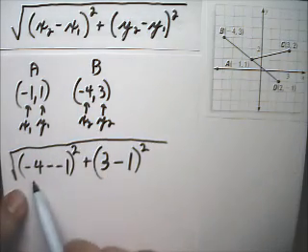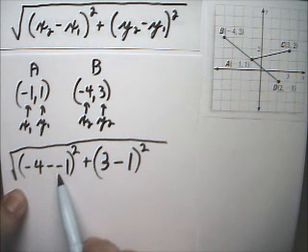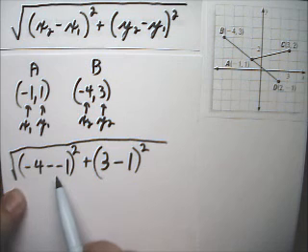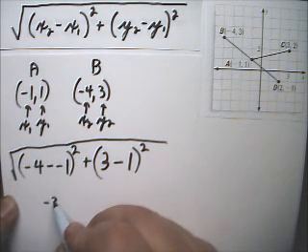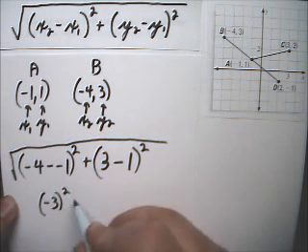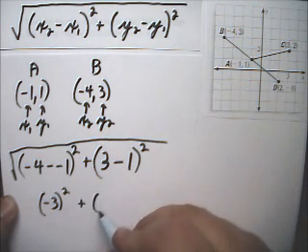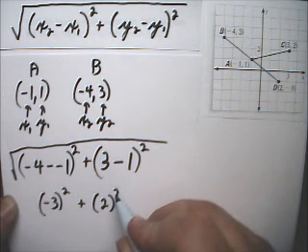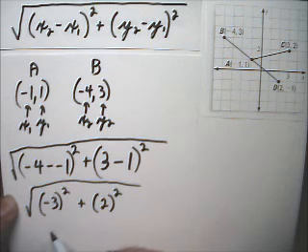Alright? So -4 minus a -1, that's -4 plus 1. -4 plus 1 is -3. So we have -3 squared plus 3 minus 1 is 2. So this is 2 squared. And it's the square root of all that.